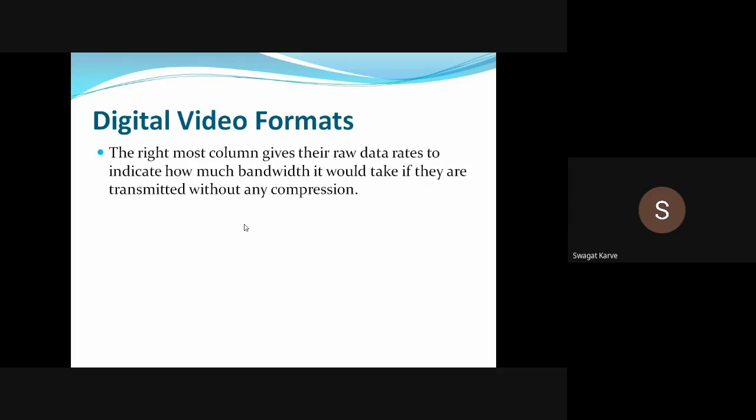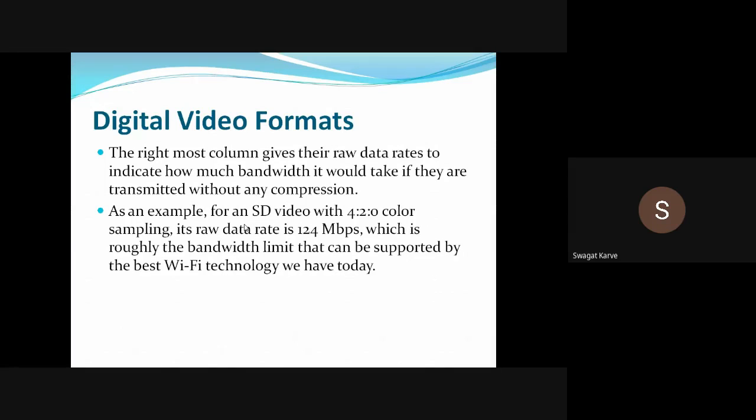Okay, so the rightmost column, when you talk about a digital video format, gives the raw data rates to indicate how much bandwidth it will take if they are transmitted without any compression.